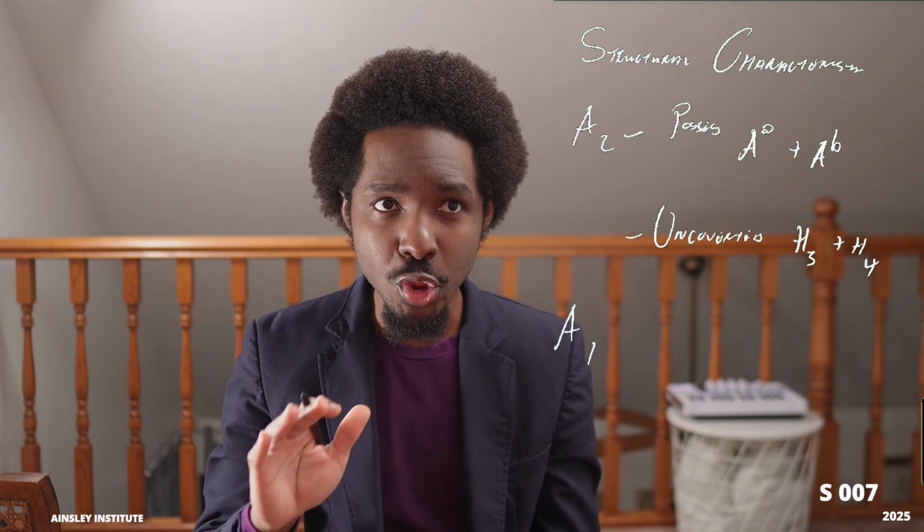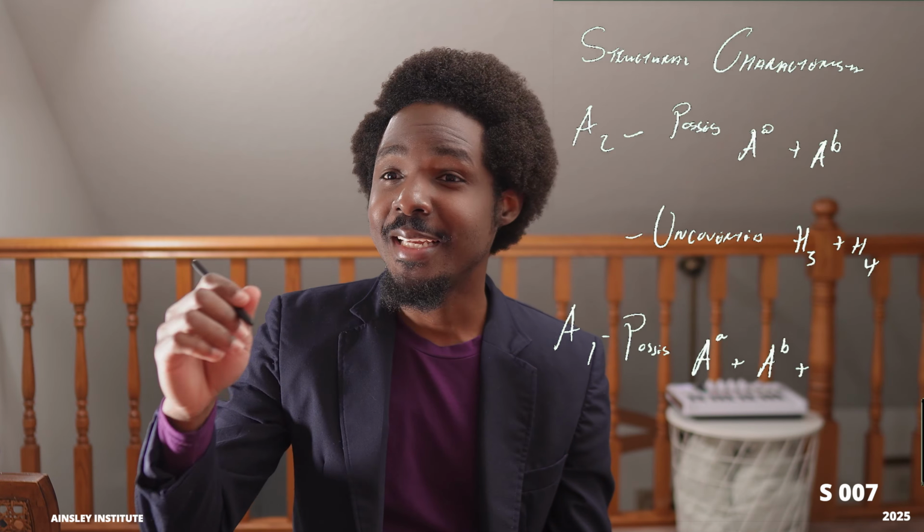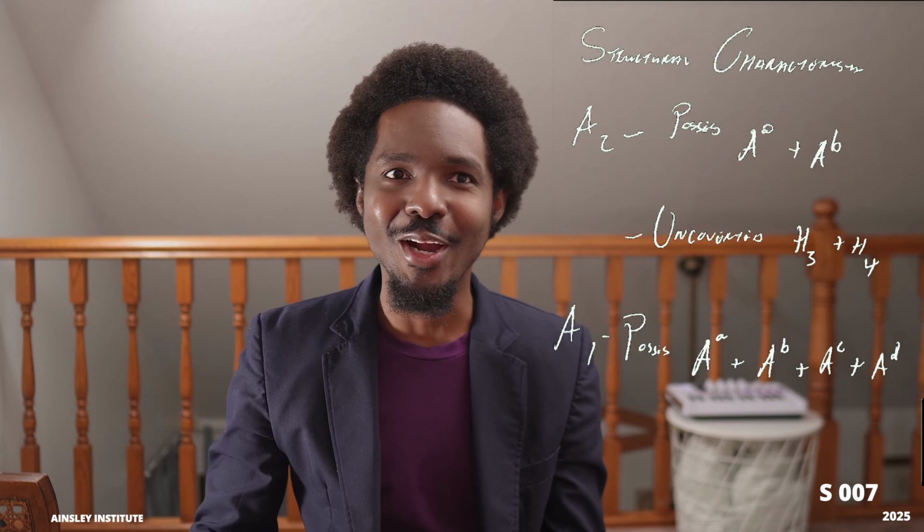All right, now let's move now to the A1. So in the A1 red blood cell, we can identify, this is what is very important, we can identify the A superscript A, plus we can identify the A superscript B, plus we can identify the A superscript C, plus we can identify the A superscript D. So if you do the A, B, C, and D, right?